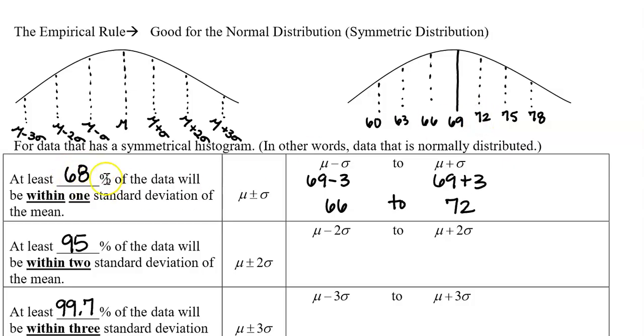So I'm going to split this 68% into two pieces to have 34% and 34% of the data there. And we'll see how we use that later.